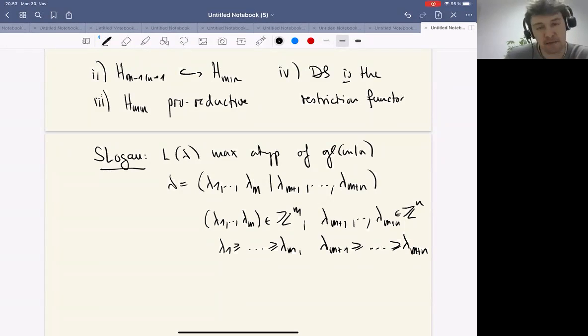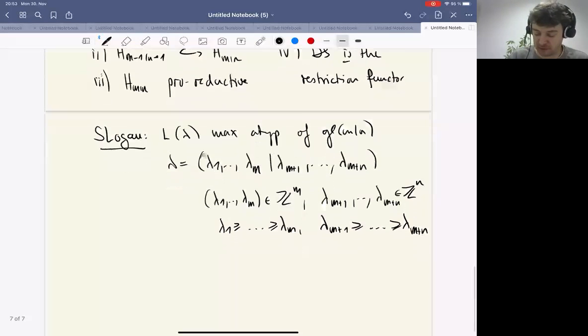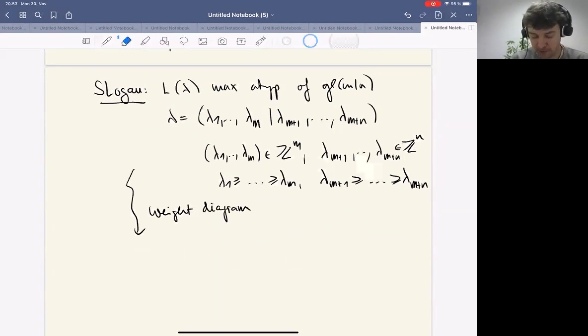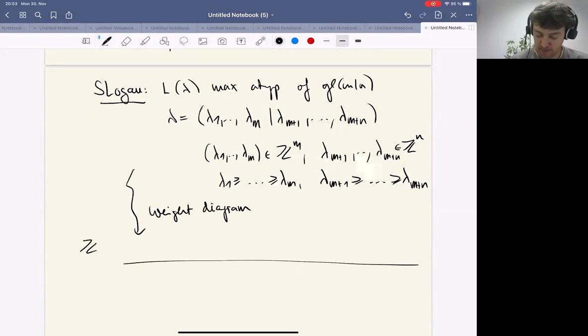So this is the highest weight of an irreducible representation, and I can assign to this a weight diagram. Basically, I just take these lambda i's, and in a certain way, I label the number line, Z, by certain symbols. Maybe the exact rules are not so important, but at the end, I have certain symbols on my number line.